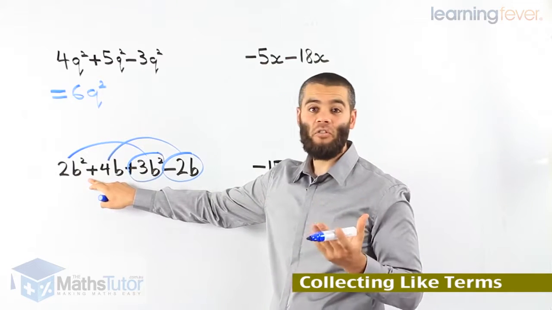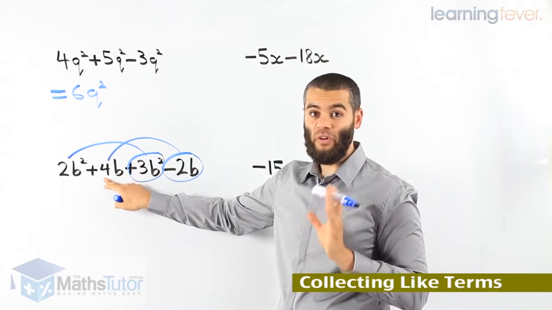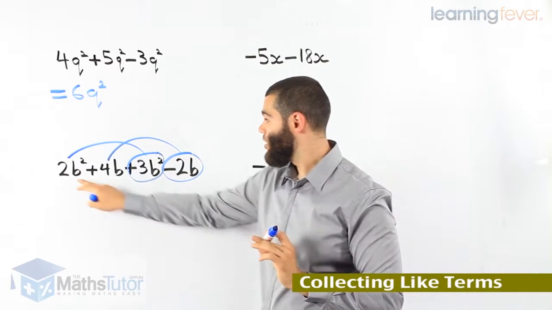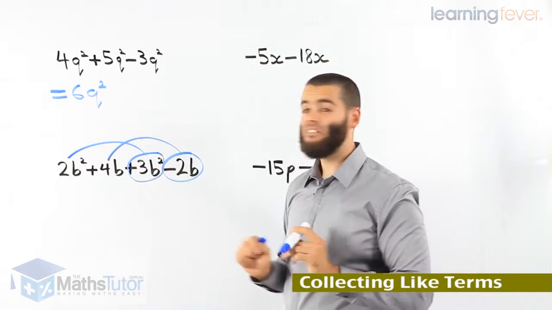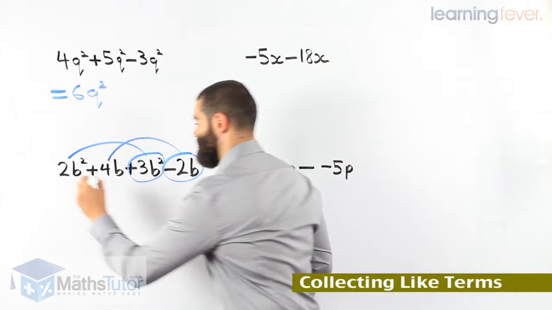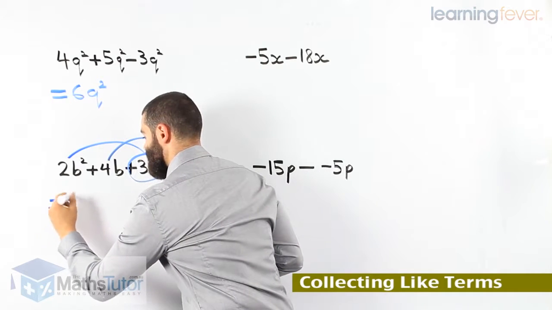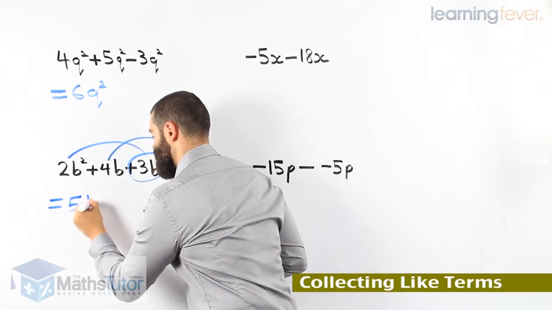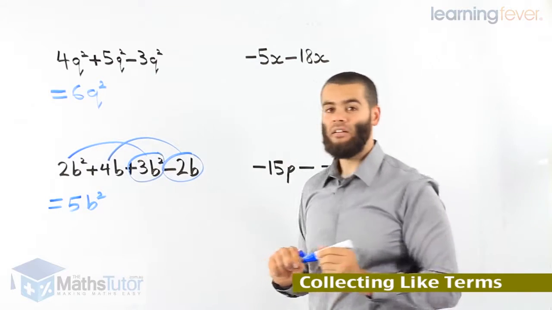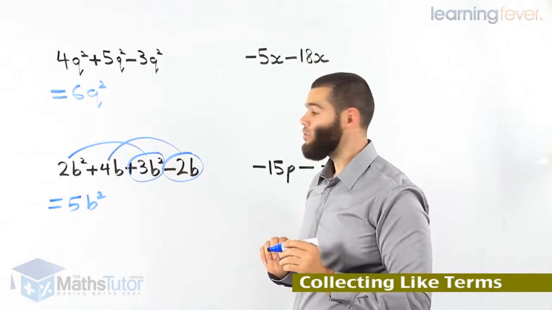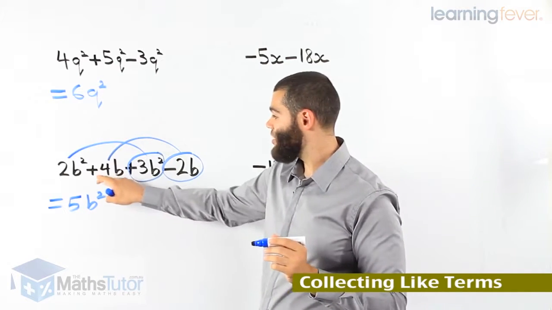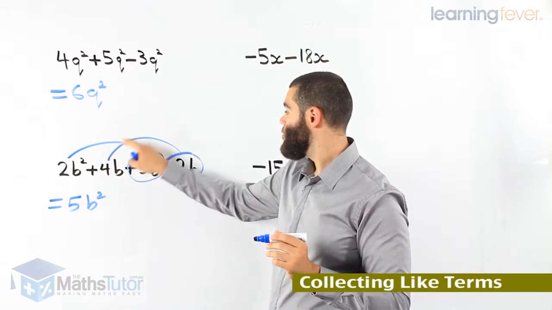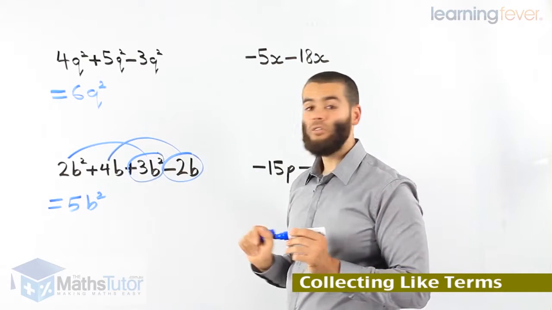That plus belongs to the 4. Very important rule, we've covered it before. So 2b squared plus 3b squared is 5b squared.